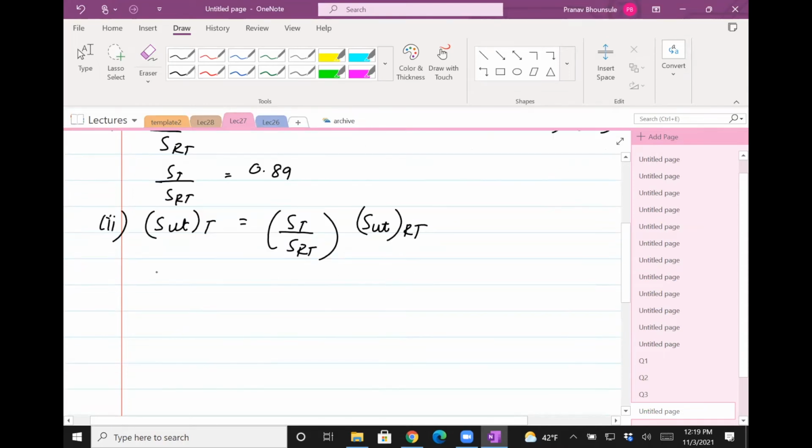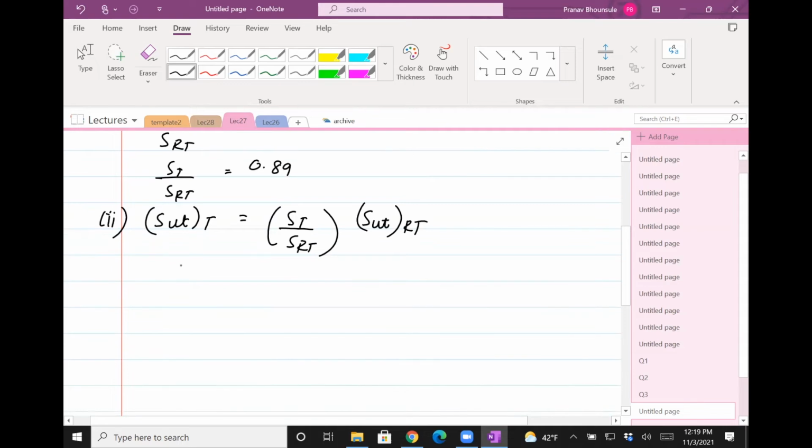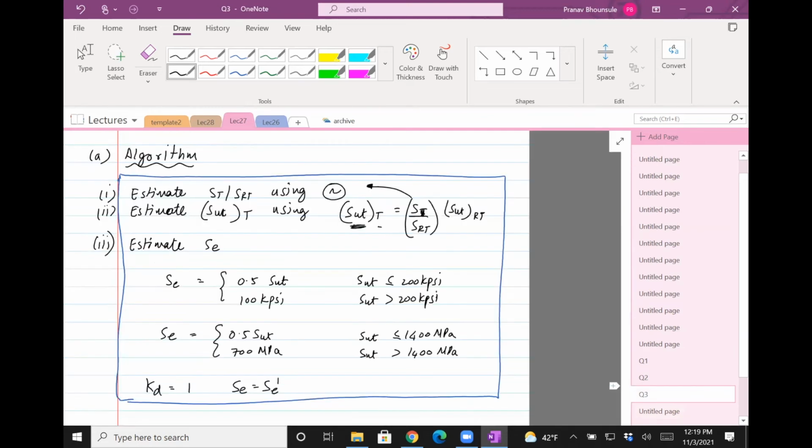So SUT at elevated temperature is unknown. This ratio is 0.89, and we do know the tensile strength at room temperature. It is given as, I think, 80 kPa. It's right here.